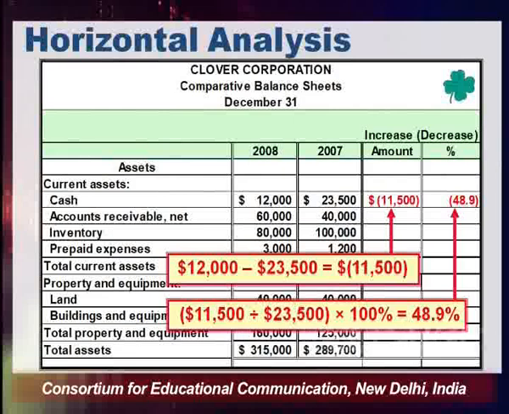So it is showing you that the absolute change, which is a negative now, is 48.9%, right? Almost 49%. Okay. So that is how we calculate percentage change. That is how we express the results of horizontal analysis or comparative analysis.